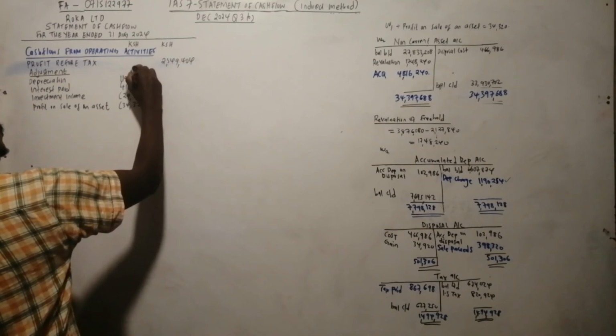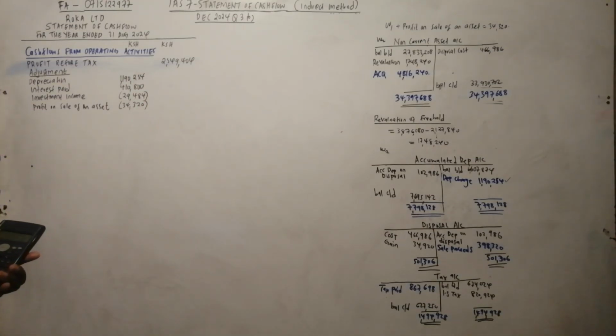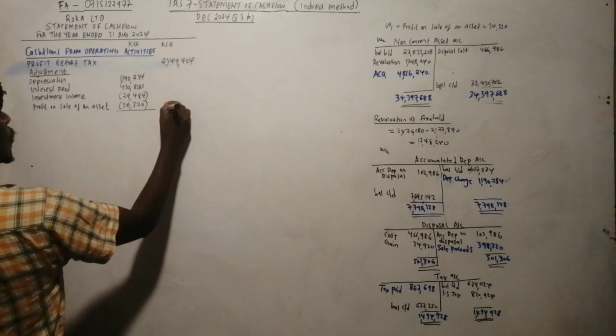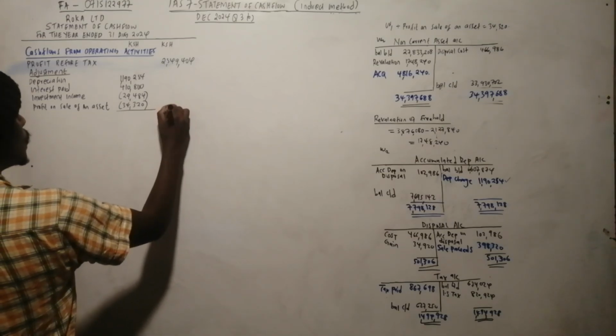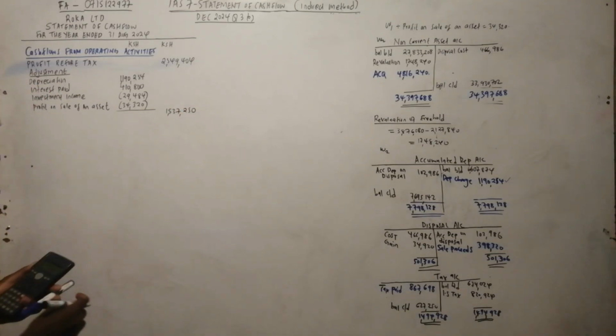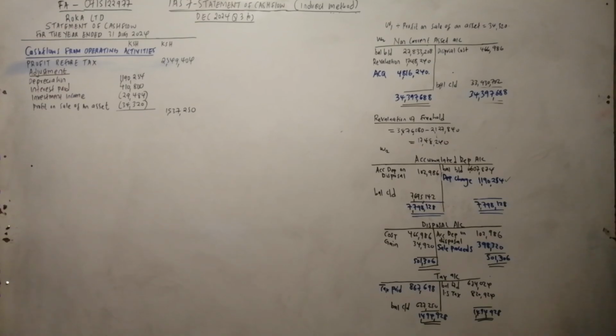So let us add now 1190,254 plus 410,800 minus 29,484 minus 34,320. Napata 1537,250. So 1537,250. We can call it cash flow before working activity.